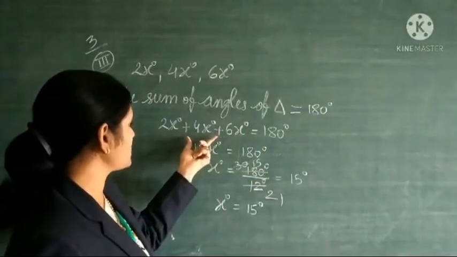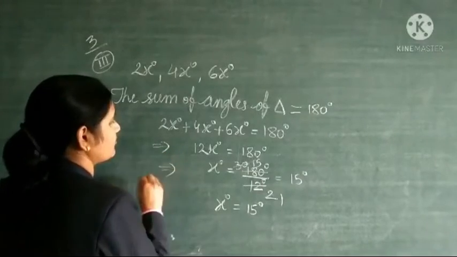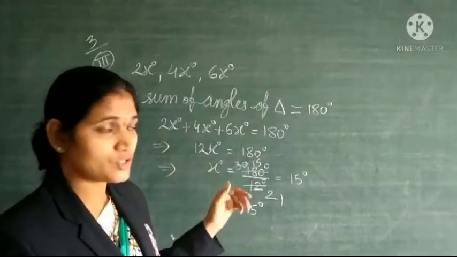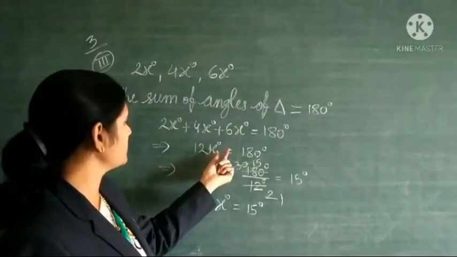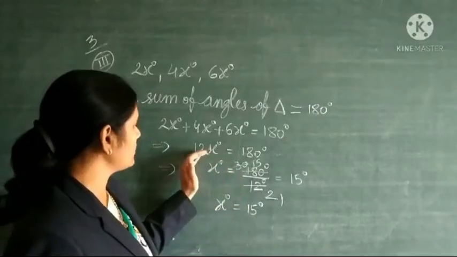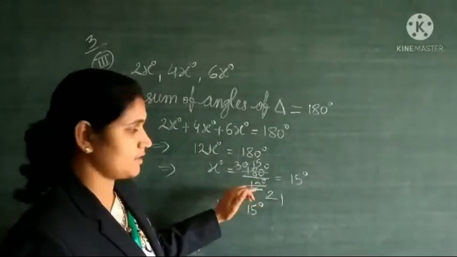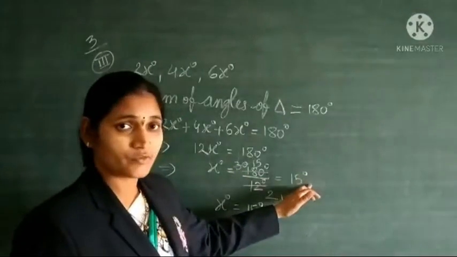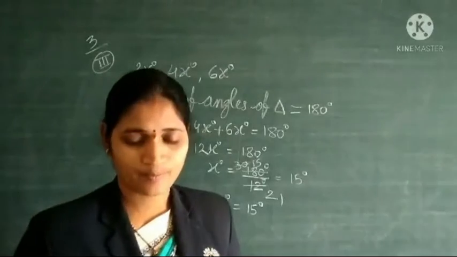The addition of all three is 12x degrees, equal to 180 degrees. Now x is equal to 180 divided by 12. When we divide it, we get 15 degrees. So the value of x is 15 degrees.